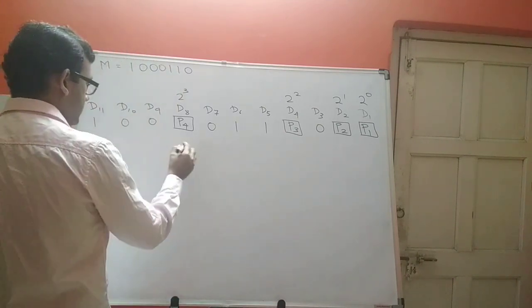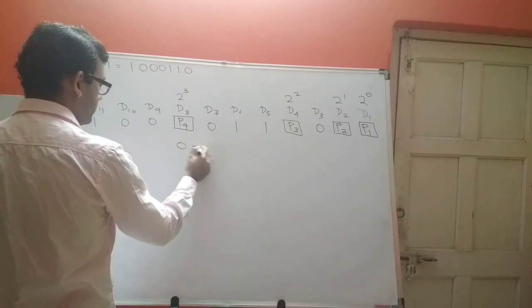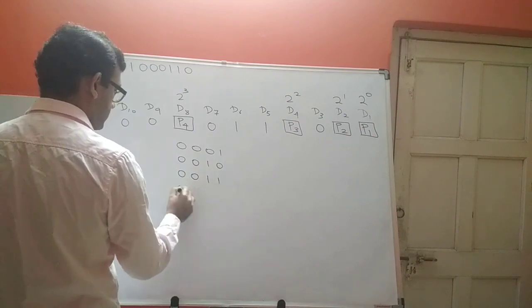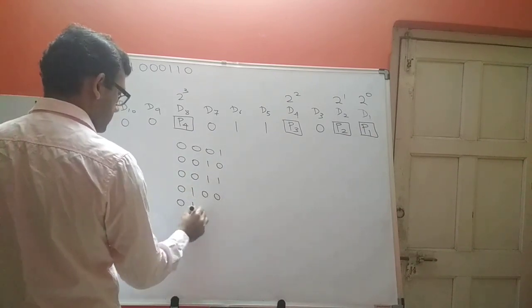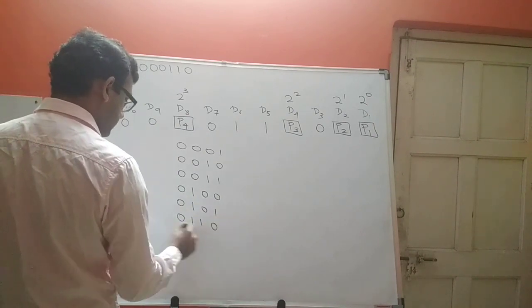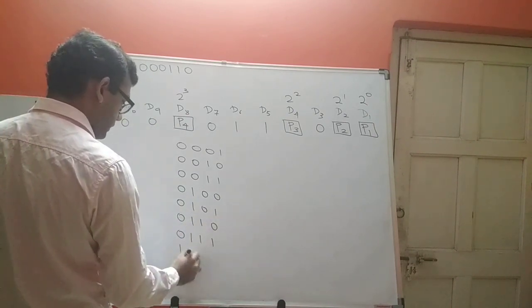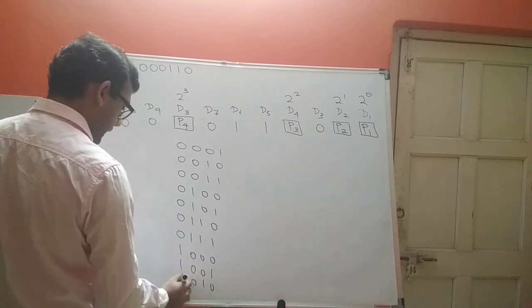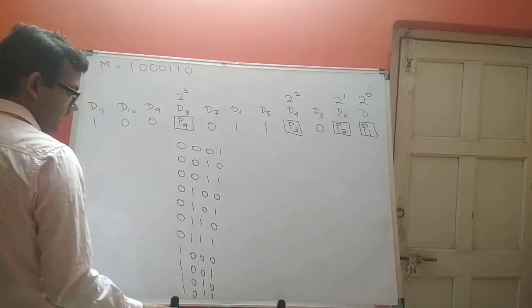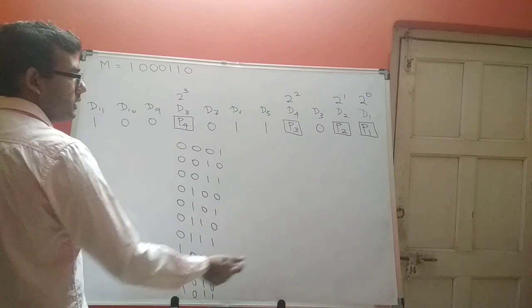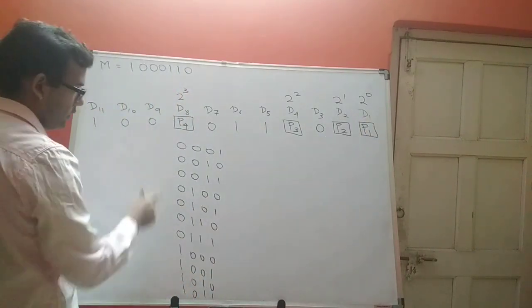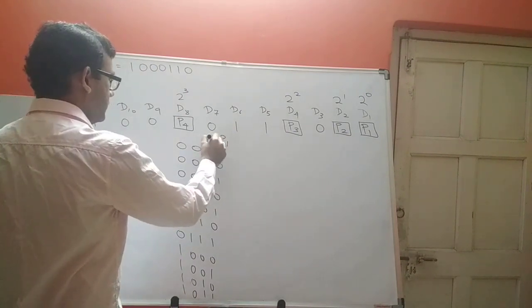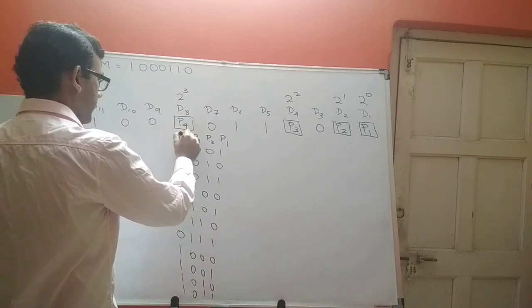I'll start with 0, 0, 0, 1, then 0, 0, 1, 0, 0, 0, 1, 1, 0, 1, 0, 0, 0, 1, 0, 1, 1, 1, 0, 1, 1, 1, 1, 0, 0, 1, 0, 0, 1, 1, 0, 1, 0, and finally 1, 0, 1, 1. As you can see, I've stopped at 1, 0, 1, 1. Why? Because I have positions from 1 to 11. So this is for position 1 and this is for position 11. And this is for parity bit 1, parity bit 2, parity bit 3 and parity bit 4.